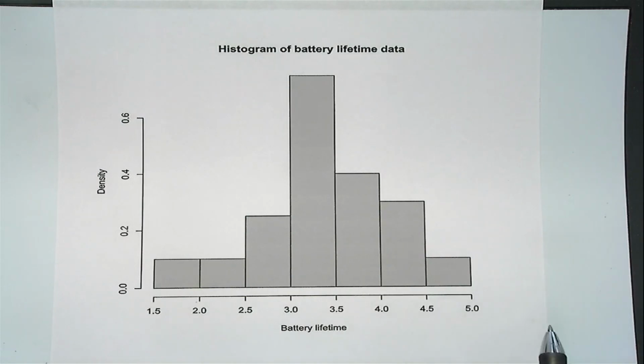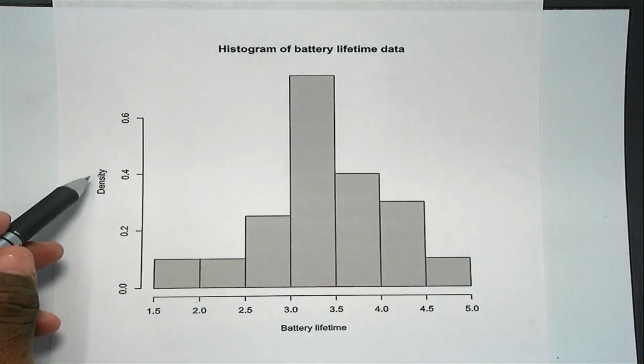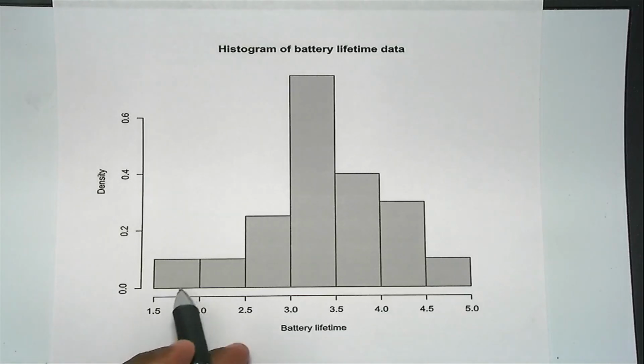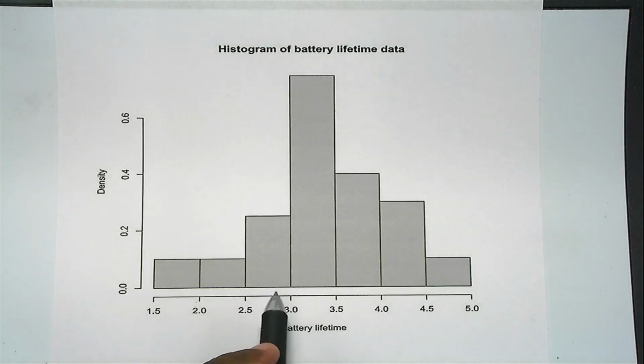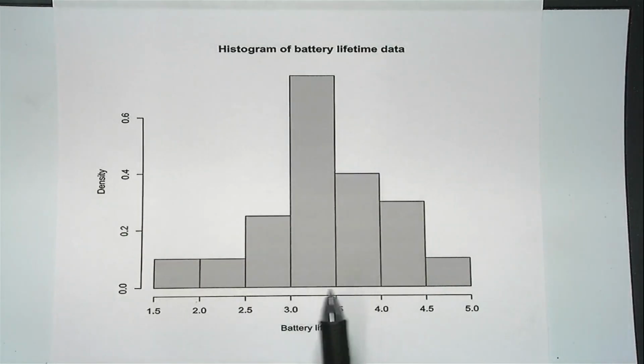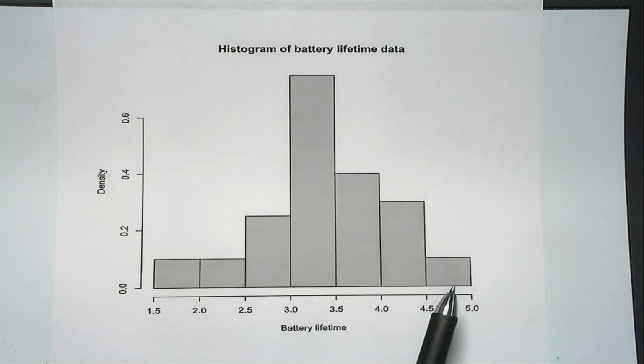By the way, these are densities, but you can also plot these in counts instead of the density. The size of these bars tells you how frequent the lifetimes are. The longer the bar, the more batteries have lifetimes between 3 and 3.5. If the bar is very short, that means there are not many data points in that interval.